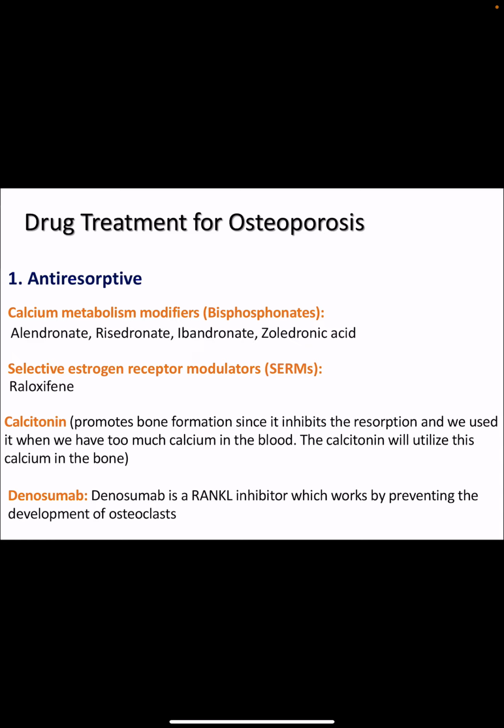Now we're going to say how these are modified. The second group of drugs is called SERM, from the name. Didn't we say it acts on estrogen, the effect of estrogen? So SERM is selective estrogen receptor modulators.